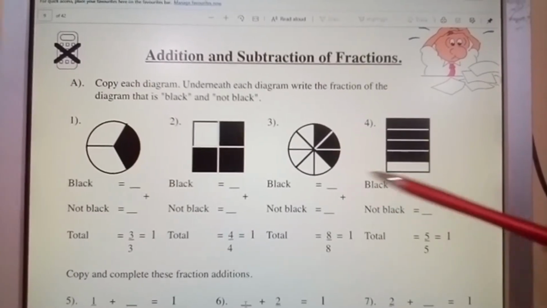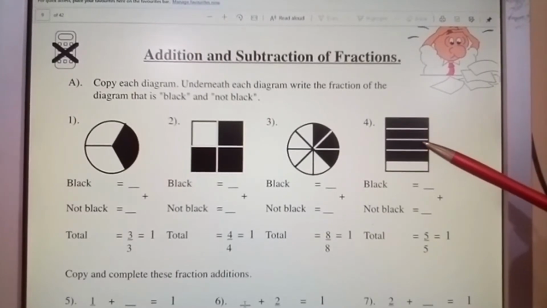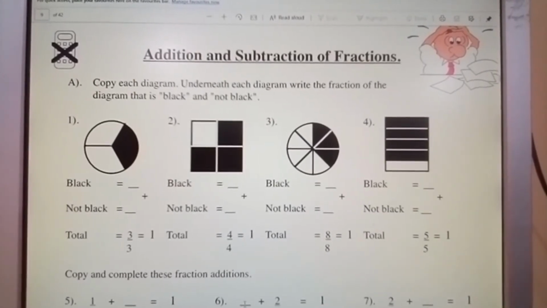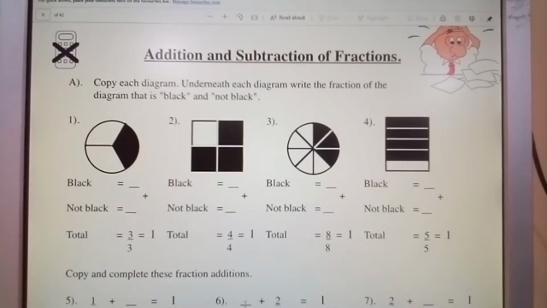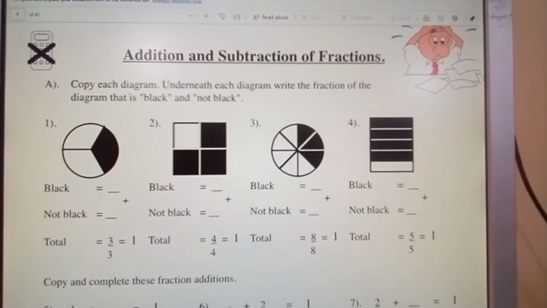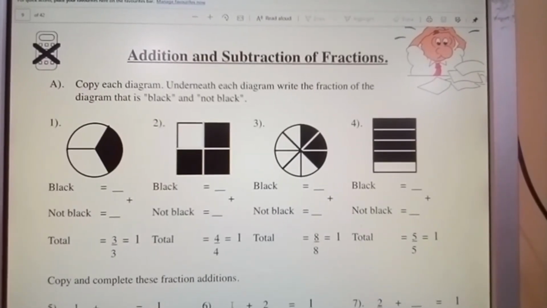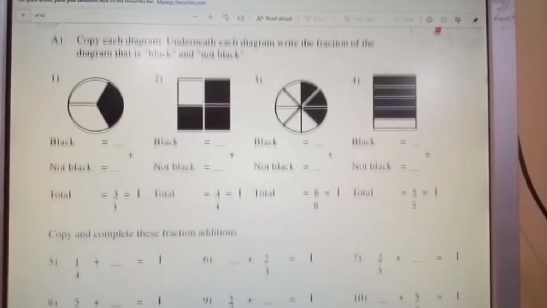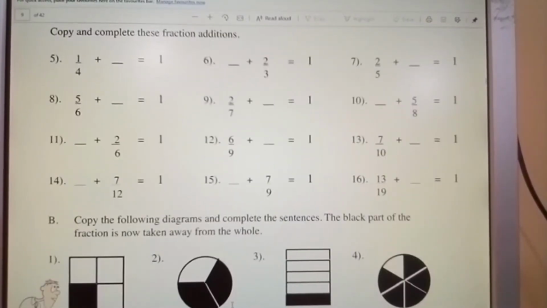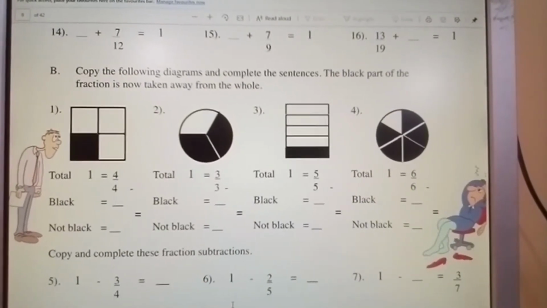Yes, 3/8. Okay? You can see the fraction that's black here is 1, 2, 3, 4, 3/4. Okay? So that's the way you then begin to complete your work. Get to know it. This will allow you to comprehend math a lot easier than you may realize. And I've made them big so you don't have to strain your eyes to see them either.